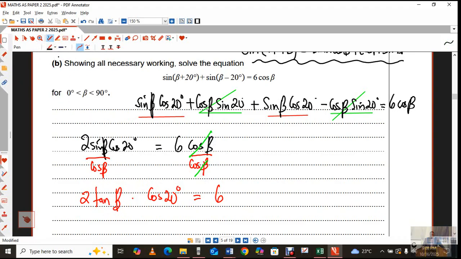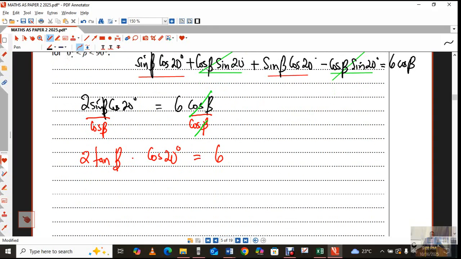Then if we have to get that 2 tan B alone, I have 2 tan beta equal to 6 divided by cos of 20 degrees, which is a value that exists. The next thing is to get rid of the 2, and you divide throughout by 2.